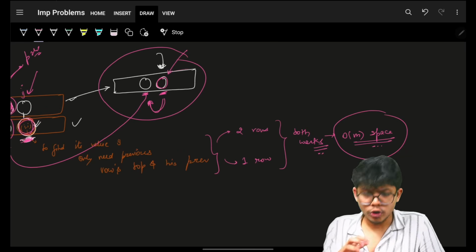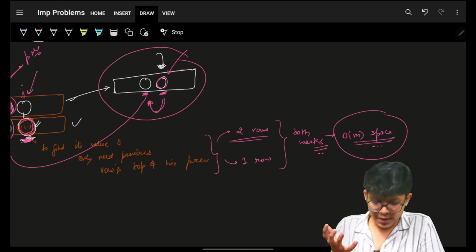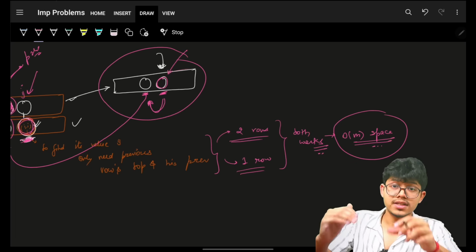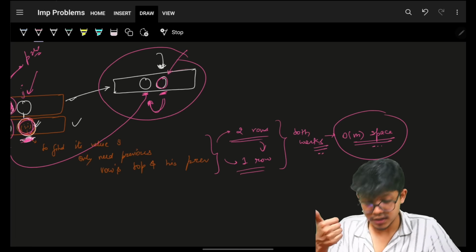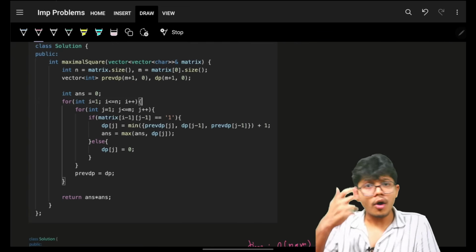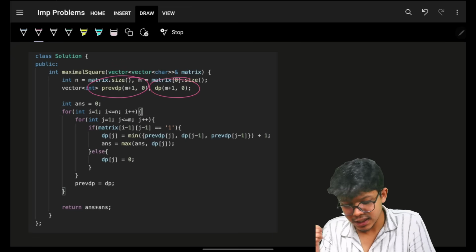Again, not to make it more complex for you, I will show you the 2 rows approach, but it is still very easy. Just remove one array and use one variable instead, and you will be able to convert this to one row. Now what I did was simply modify my DP array by taking a previous DP and a new DP.